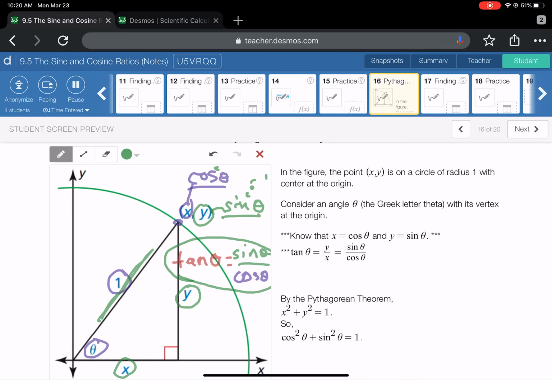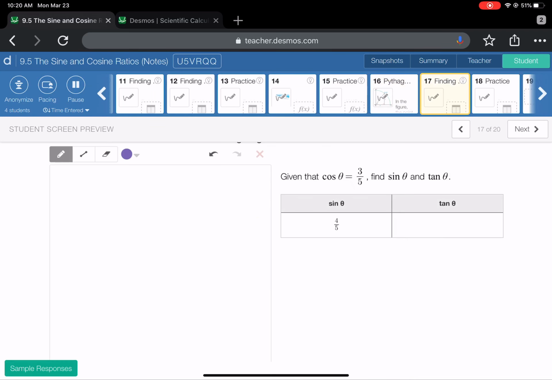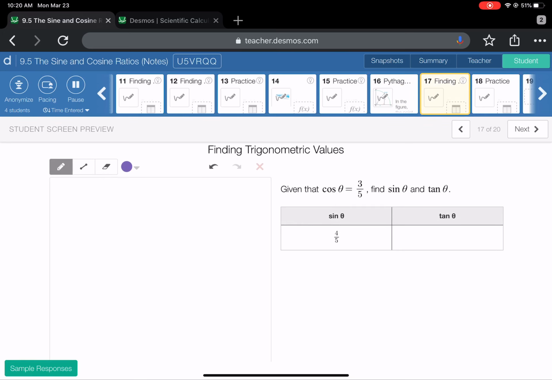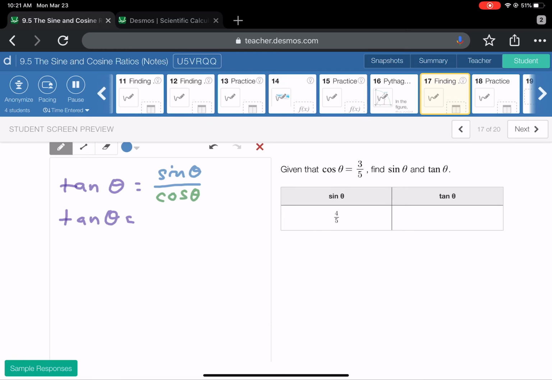Now, on the previous screen, I mentioned this: tangent theta is equal to sine over cosine. So I'm going to set that up right here. Tangent theta is equal to sine theta over cosine theta. We're just going to substitute to find the tangent theta. Sine we found right here, in this box, 4/5.